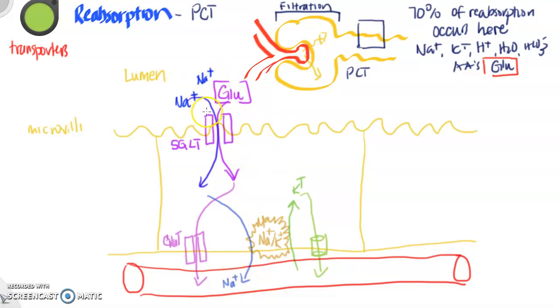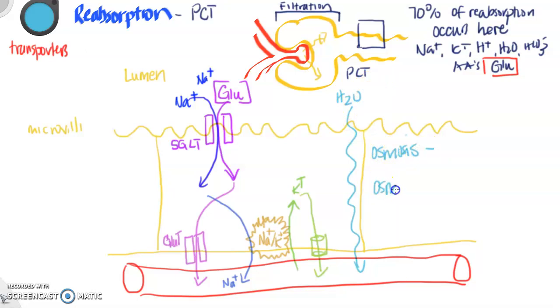Well, guess what follows that? Water is going to follow these solutes just through osmosis. So now, awesome, we're getting the reabsorption of sodium, we're getting the reabsorption of glucose, and we're reabsorbing water, all from the filtrate. Water is going to follow these solutes back in. A result of that is that the osmolarity of the filtrate is going to change.